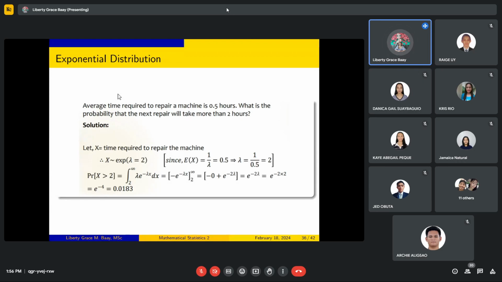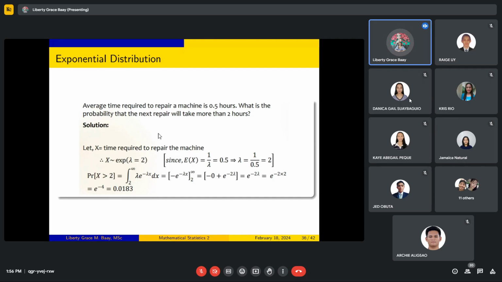More than is the common one in this class. Probability of x is greater than or more than 2 hours.